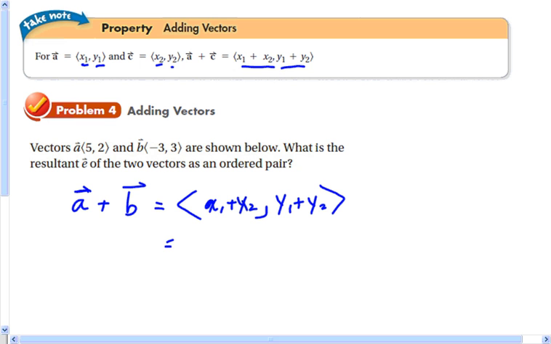So we want to do 5 plus negative 3 and 2 plus 3, and that's equal to 2, 5.